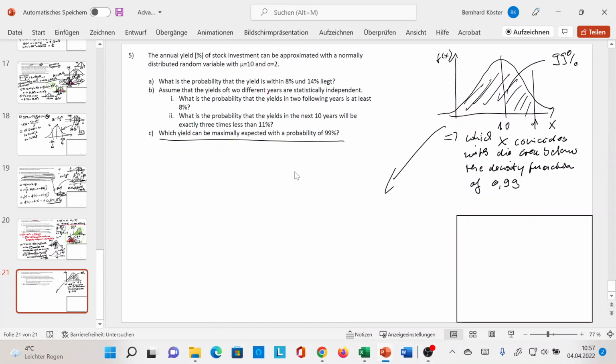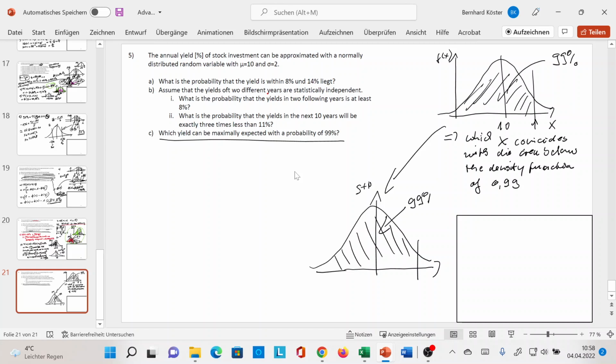So standard normal distribution, we just learn these numbers, 0.99.